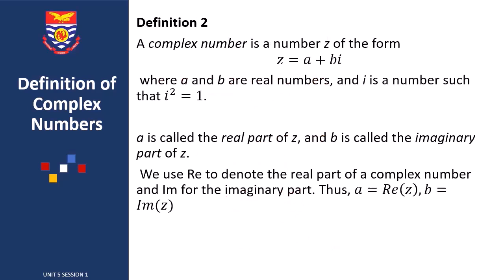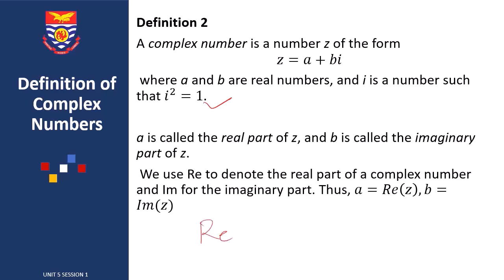Definition 2. A complex number is a number z of the form z equals a plus bi. We've already talked about that, where a and b are real numbers and i is a number such that i squared equals negative 1. So here the a is what we call the real part, and b is the imaginary part of z. We normally use Re to denote the real part.